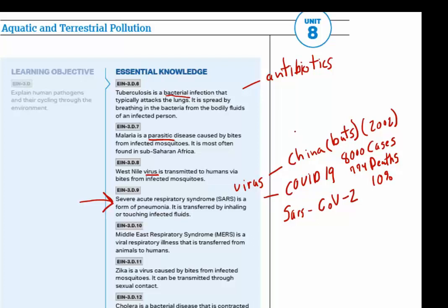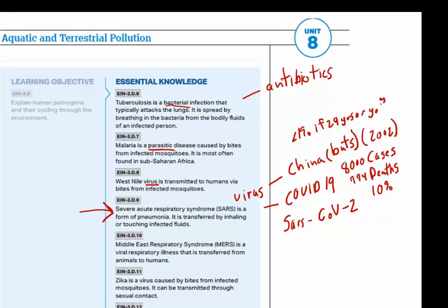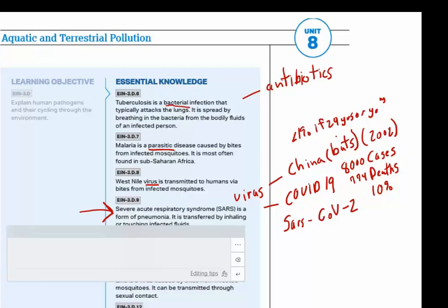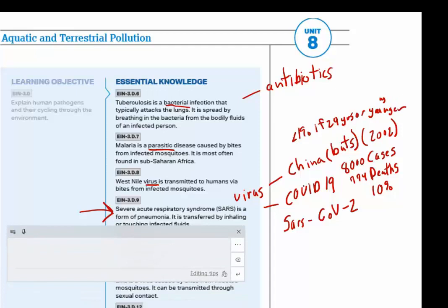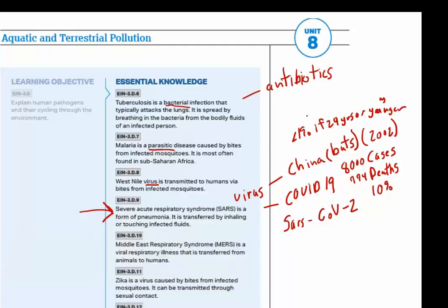Just like the current one, it's much more deadly to older people. So in the SARS outbreak in 2002, you had a less than 1% chance of dying if you were 24 years of age or younger, which is kind of what we're seeing now. So if you're younger than that, you really didn't have much of a chance of dying unless you had underlying health conditions.